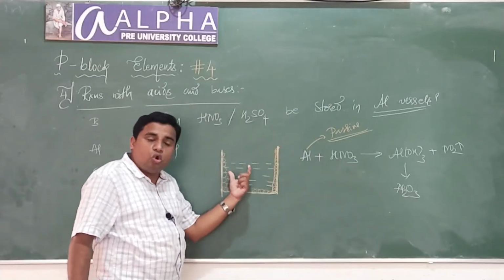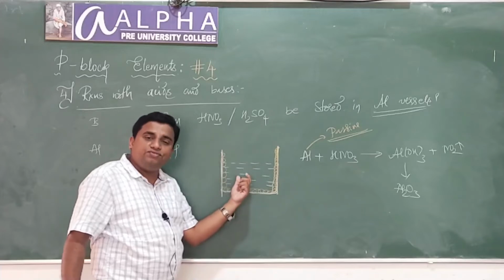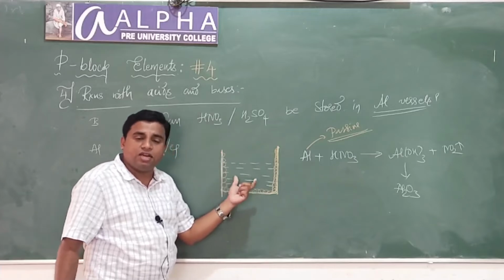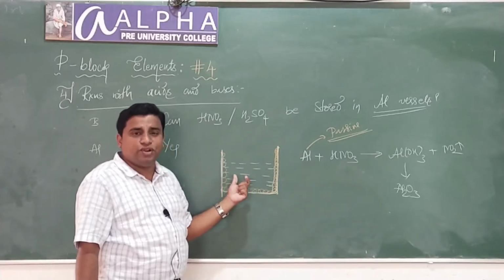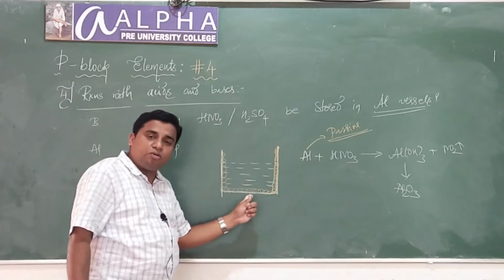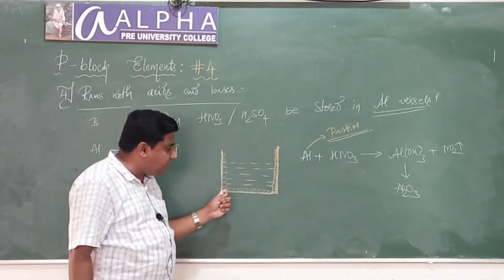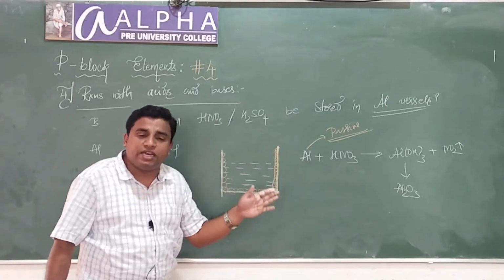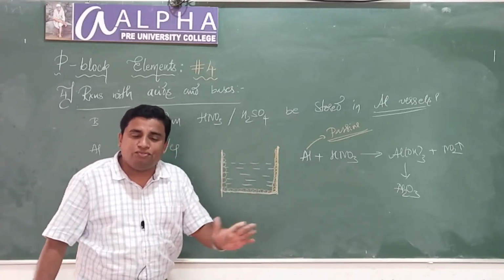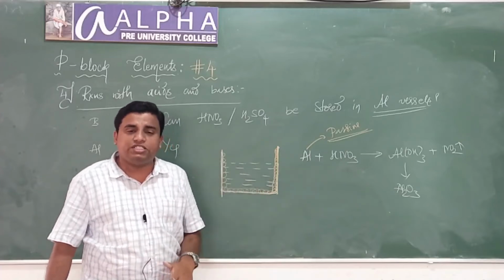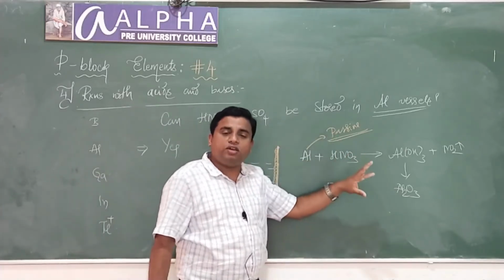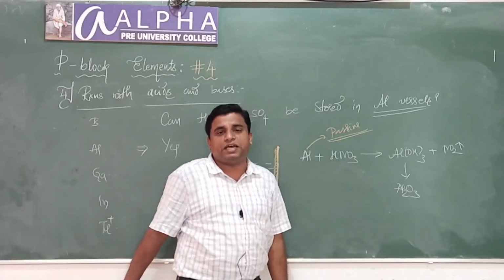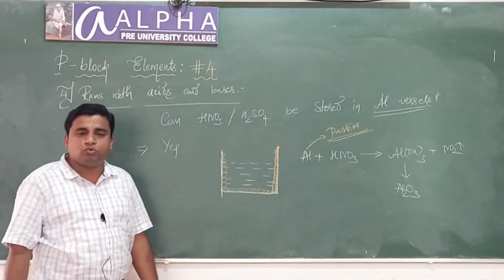Therefore, I can store nitric acid or sulfuric acid in aluminium vessel, because nothing happens to the concentration of nitric acid or sulfuric acid once aluminium becomes passive. Once aluminium becomes what? Passive.